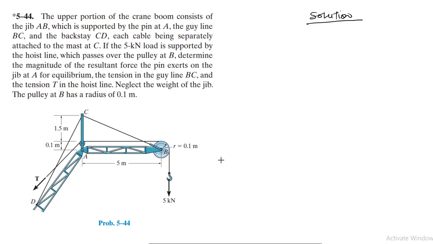Right. So we have this crane consisting of a number of forces connected to it. We have a line BC, which is connected at a separate point. The cable is attached to the mast at C; BC is connected separately, and CD is also connected separately. So it means these are two different tension forces.